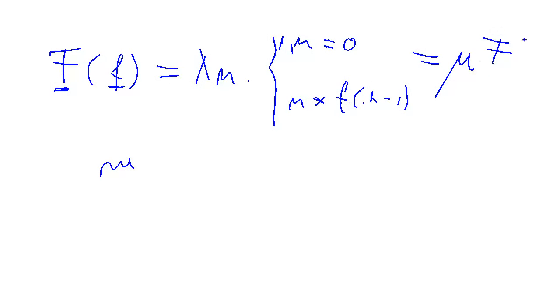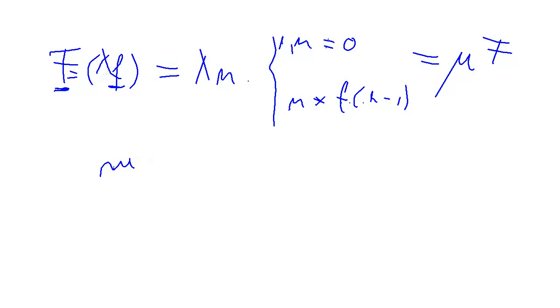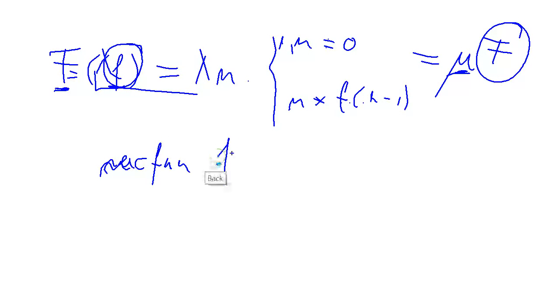But if I were to say what f is, I could say that this f is lambda f in front. So when I say rec fun, this is like the mu. And then inside here I have to say this function, but this function is defined in terms of an f, so I have to say what that f is.